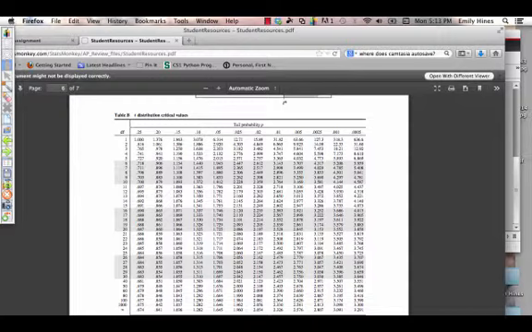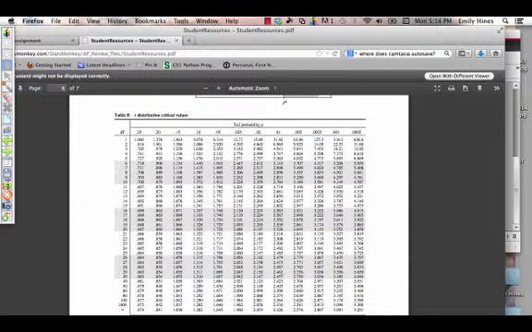And I see here's 2.5, here's 2.567, and 2.583, but there's something else that I have to take into account, and that is the degrees of freedom. Remember, degrees of freedom is n minus 1.